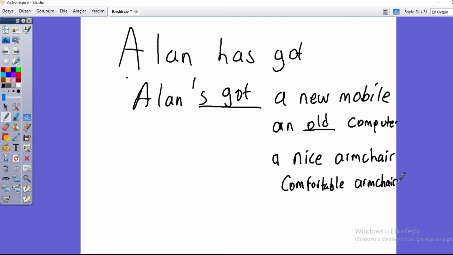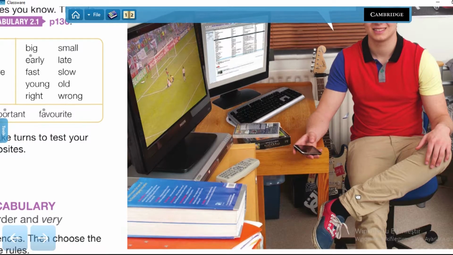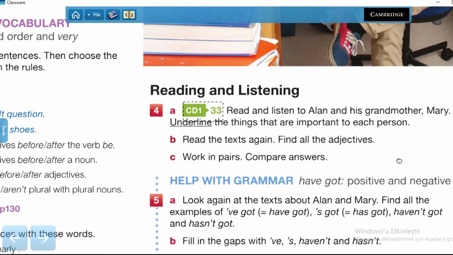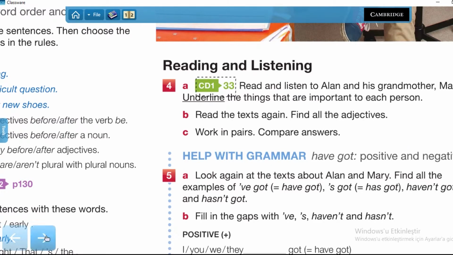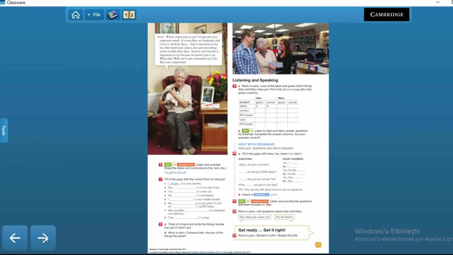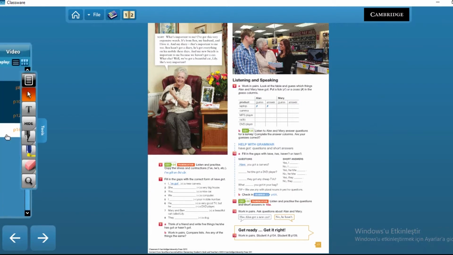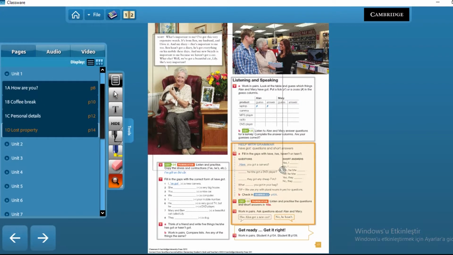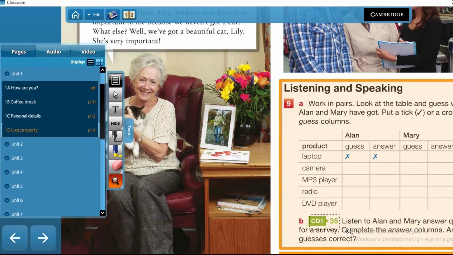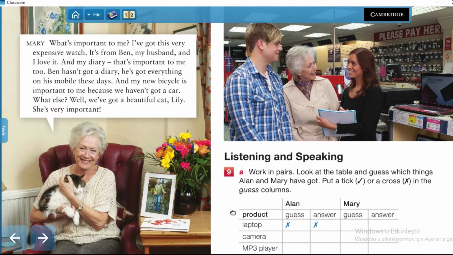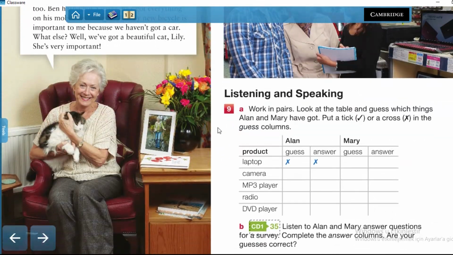And let's have a look at now his grandmother. Let's see what her name is. Yes, her name's Mary. Mary is Alan's grandmother. So let's look at the picture.